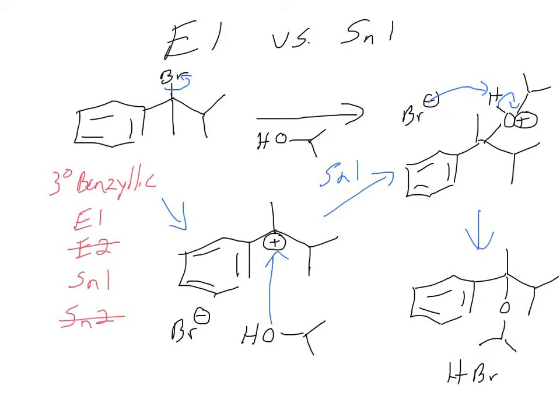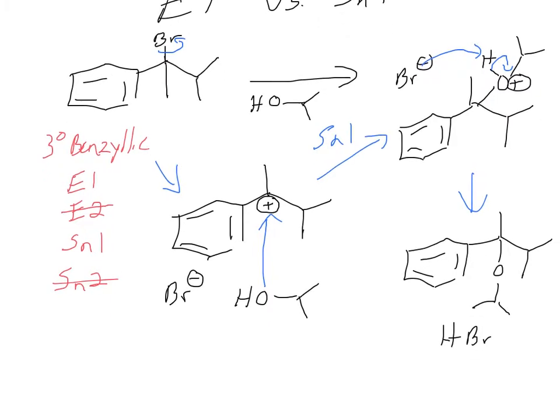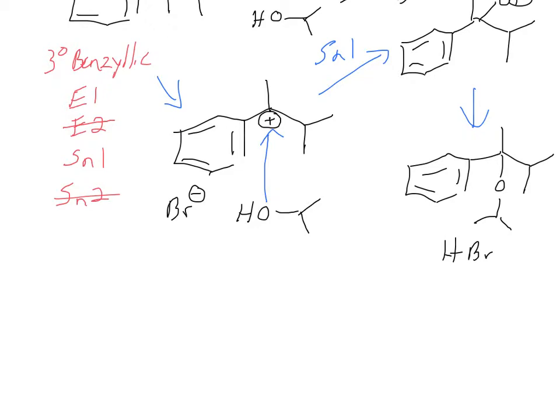But let's look at the E1 product and maybe say, wait a second, this E1 product is maybe really good. So I move all this stuff up a little bit and redraw that first initial carbocation intermediate. Now when we do an E1, just like when we do an E2, we have to find beta hydrogens.